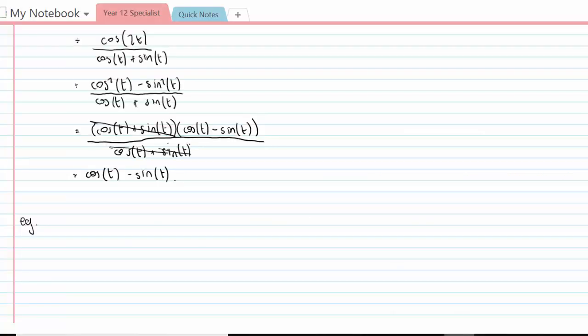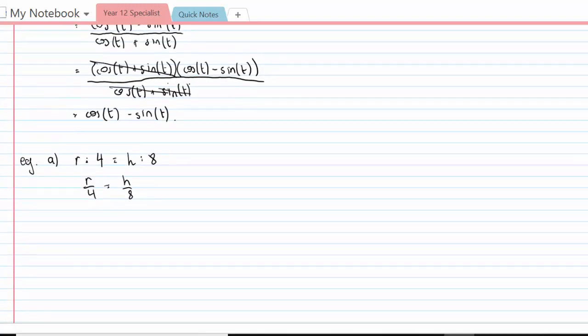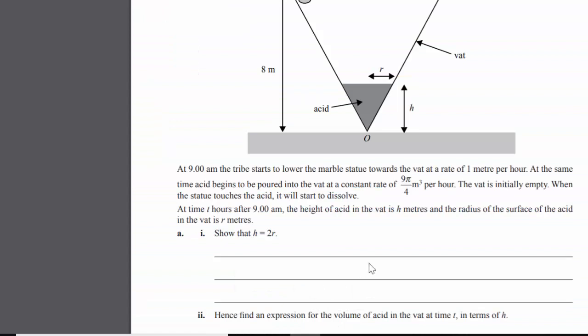So to do this first part, I know that the radius compared to the 4 must equal the height compared to the 8. Just using ratios here. So R on 4 equals H on 8. And we need to show that H equals 2R, so multiply by 8 on both sides to get the answer. So that's not too bad to begin with.